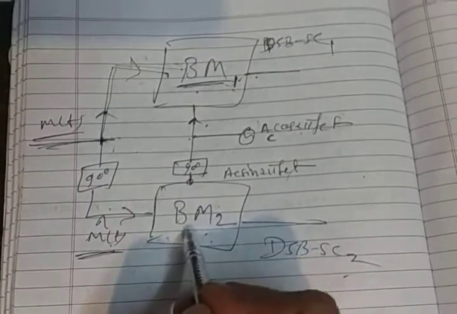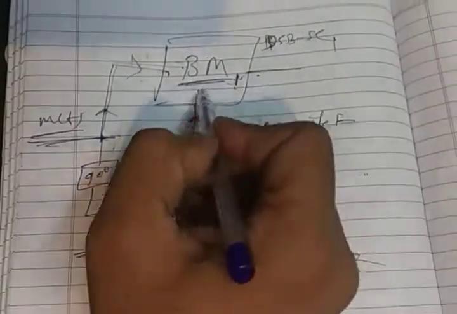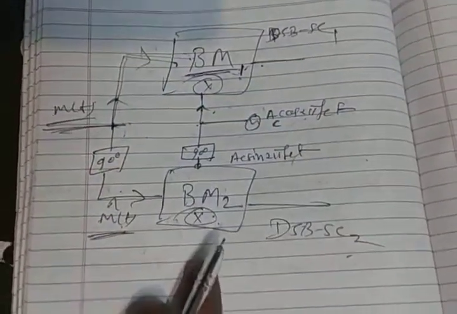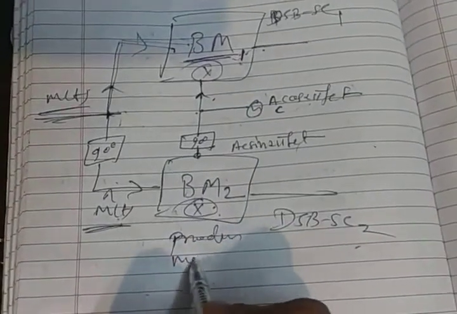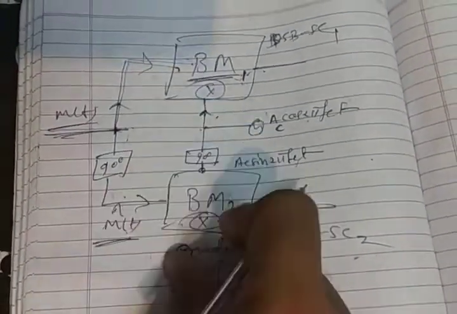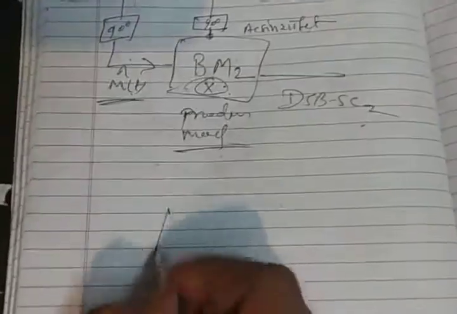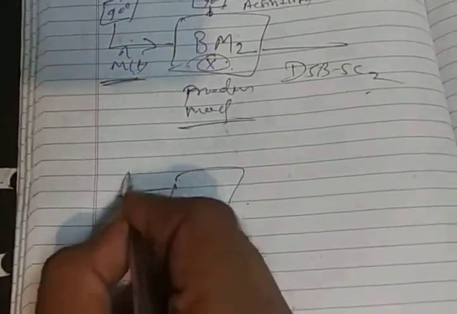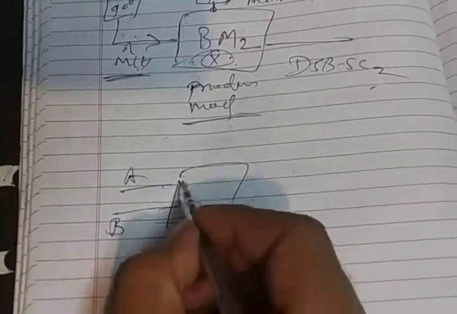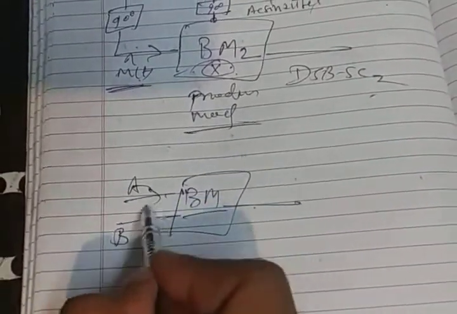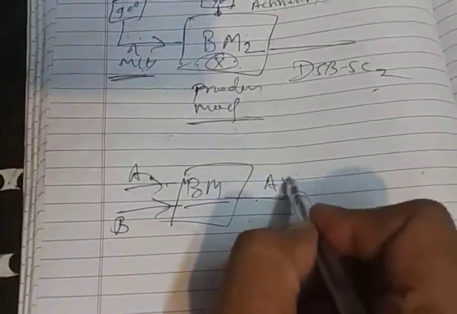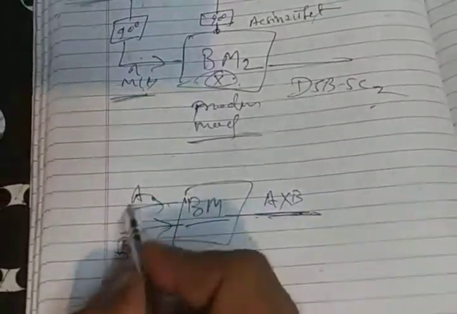What is the working of a balance modulator? It is also called a product modulator. Whenever two signals, suppose signal A and signal B, are input to the balance modulator, the output is the product of these two signals A and B.